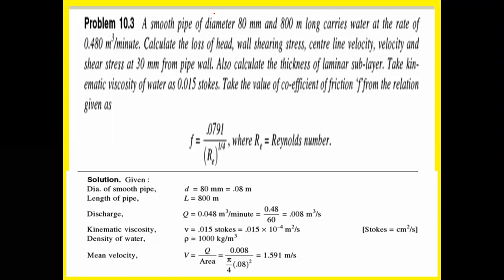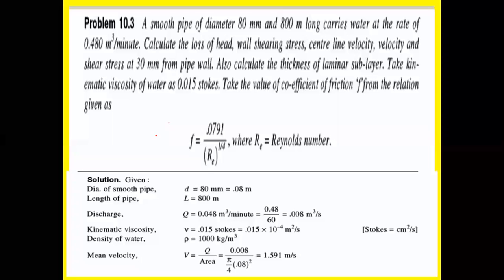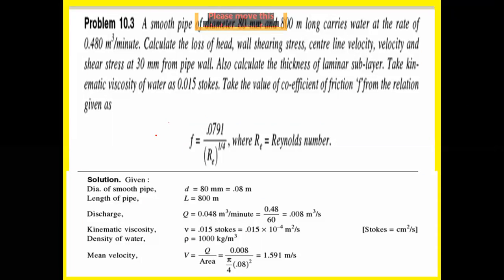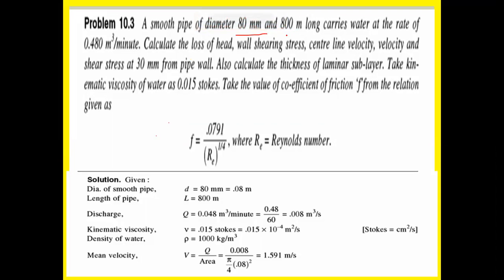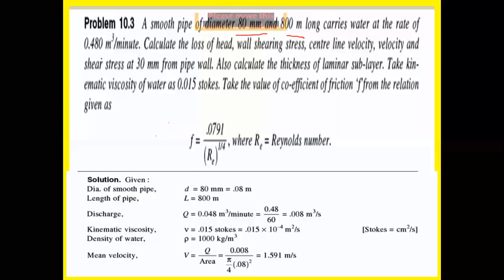Now see here. A smooth pipe of diameter 80 mm and 800 m long carries water at a rate of 0.480 meter cube per minute.